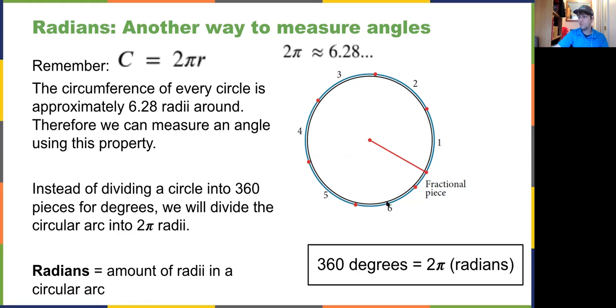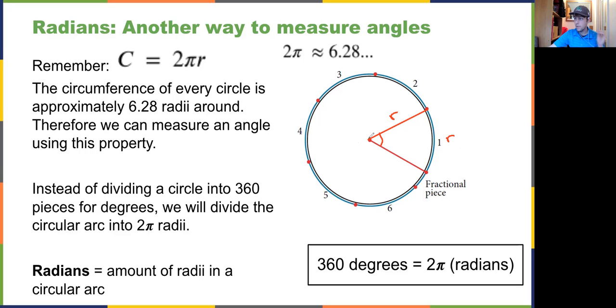So when we have a circle like this, if we want to look at an angle, let me draw a little line in here. If we want to think about this angle right here, we call this a central angle. The measurement of this angle is considered to be 1 radian, because the arc length that is created, right here, is equal to the radius.